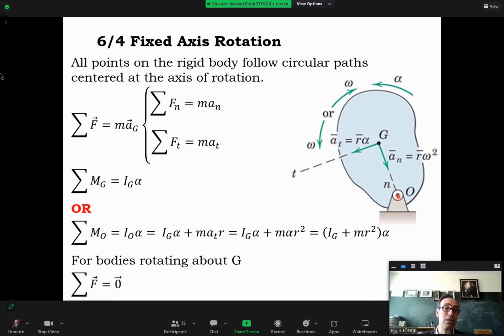So things are quite simple if we know kinematics of the particles, kinematics of the rigid bodies, plus everything about the particles. So rigid body concept, the theory is simple, but in applications, we have to be careful. That's why I will devote some time to solve various problems. Any questions about the concept?